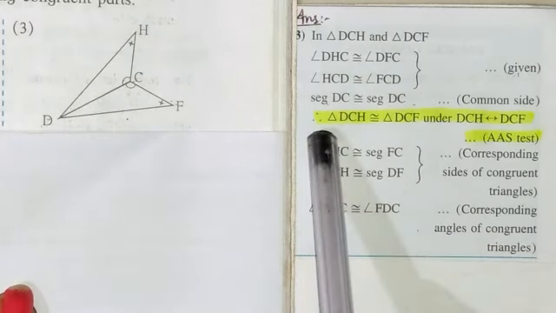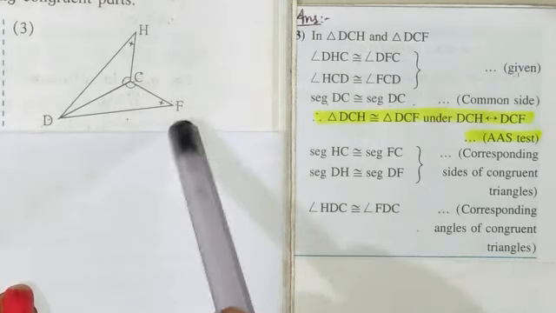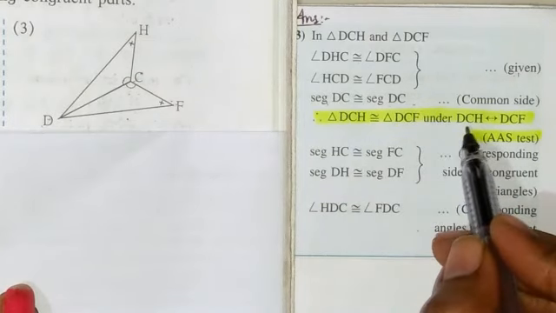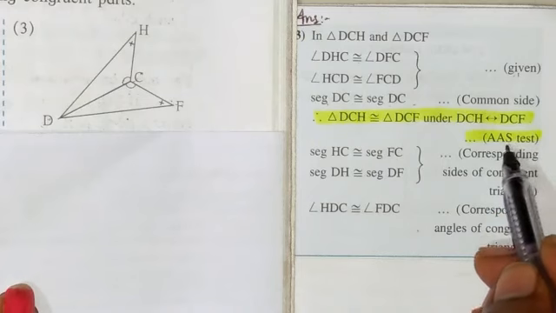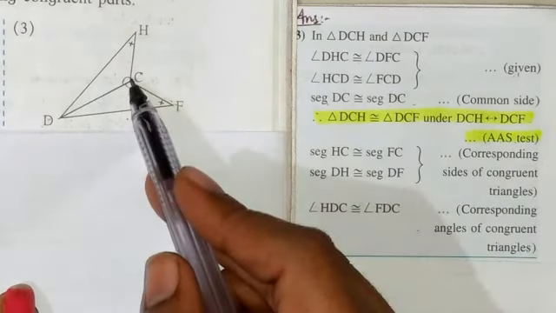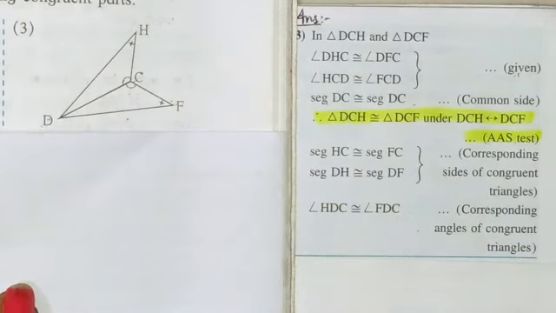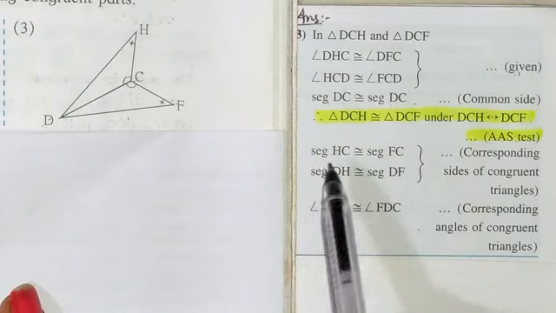So let's write it. Triangle DCH is congruent with triangle DCF, under the correspondence of DCH and DCF, the name of the test is AAS. It means angle angle side.